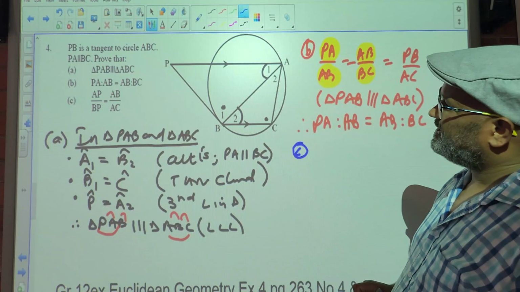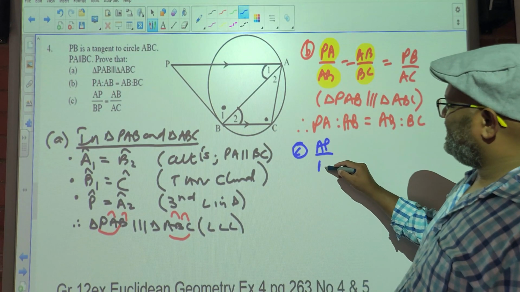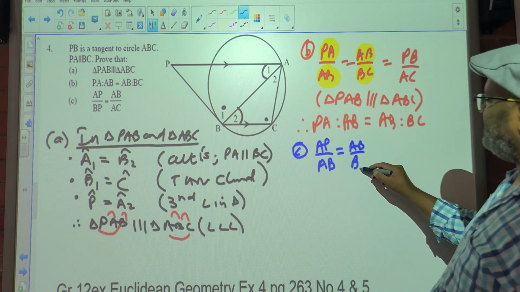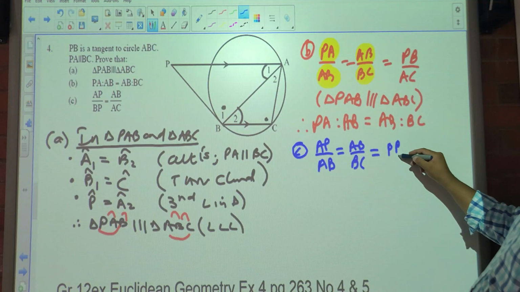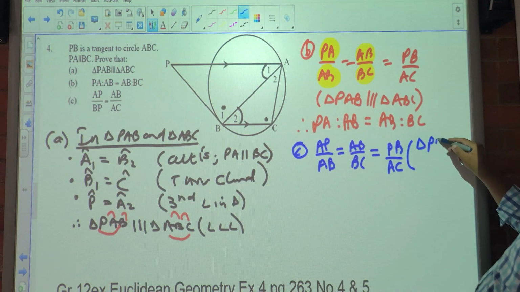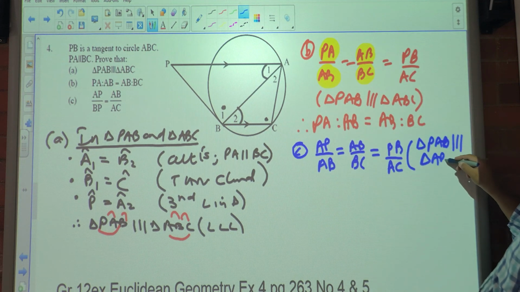C. AP. So again the ratio. So AP over AB is equal to AB over BC equals PB over AC. Why? Because triangle PAB is similar to triangle ABC.